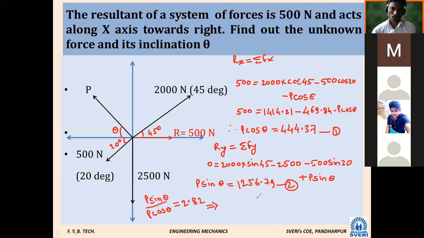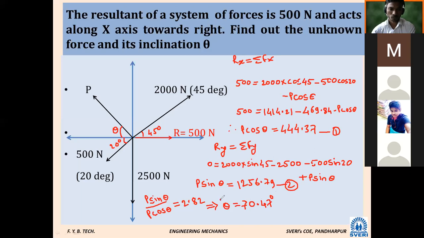So what will be the value of theta? Theta will become tan inverse of 2.82, which is 70.47 degrees.